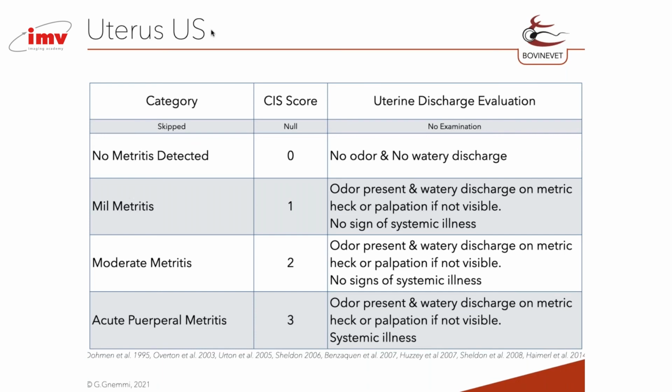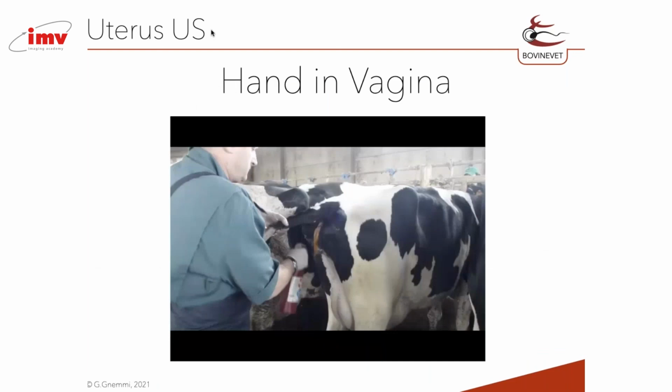How many cows of the first 10 days postpartum have dirty vaginal discharge? So in function of the typology, of the quantity, if it's fluid or more dense, of the smell, I can take pictures of the situation.